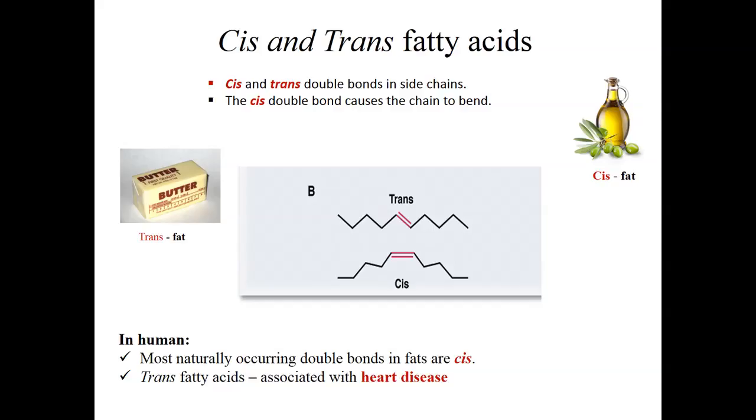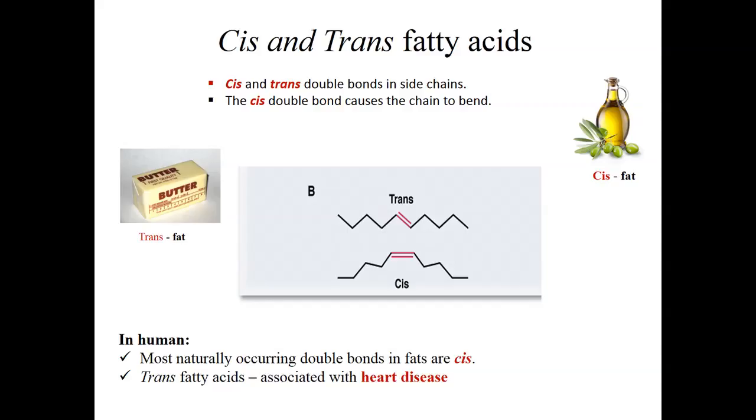Now your cis and trans, as I mentioned: trans fatty acids are straight. If you have a double bond, you have one hydrogen here and one hydrogen there, and they're in opposite directions across the line of the hydrocarbon tail. While with the cis ones, the hydrogen here and the hydrogen there are both in the same direction.